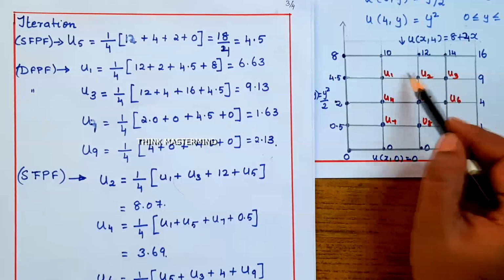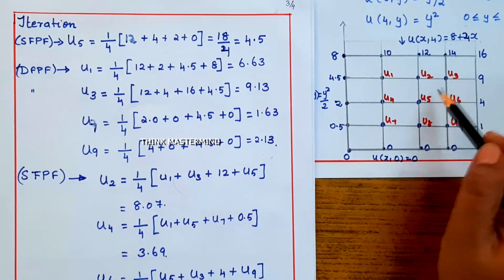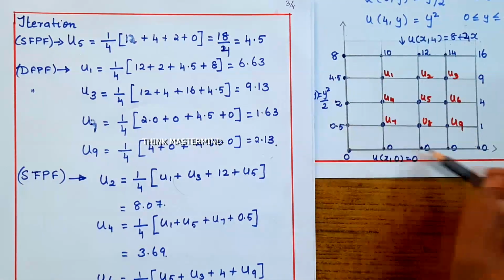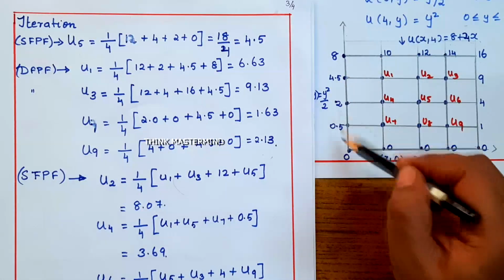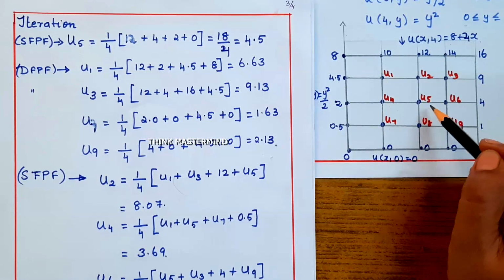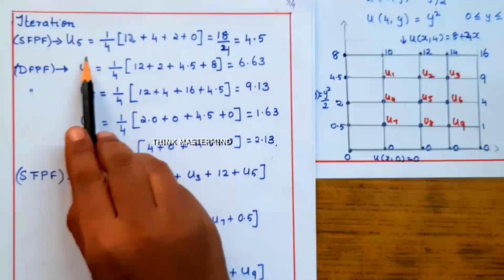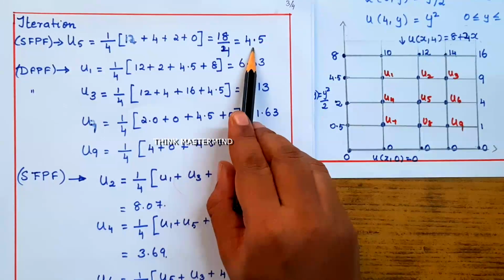Why are we not taking the intermediate grid here? The innermost grid is all unknowns. So I am going to the outermost grid. Here all the values are known. Therefore I am using the 5-point formula to find the initial value of u5. Therefore u5 is equal to 4.5.